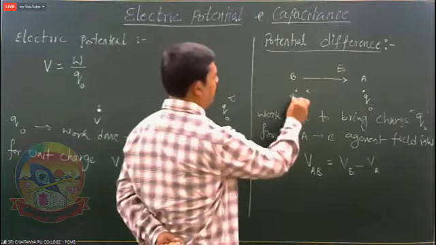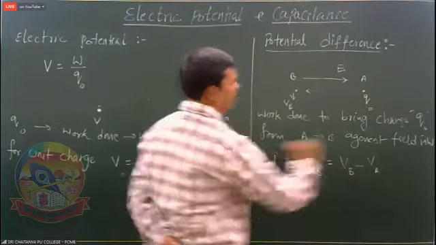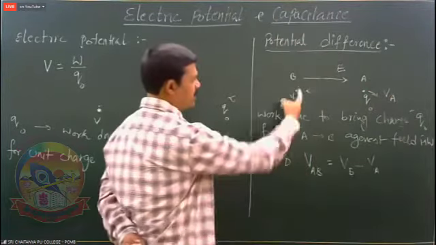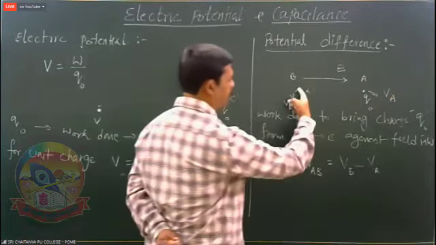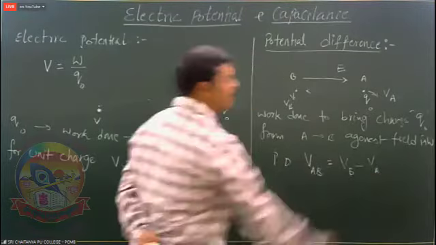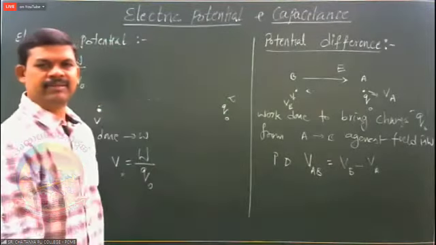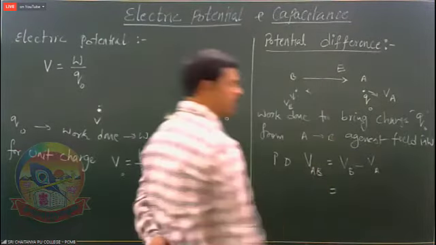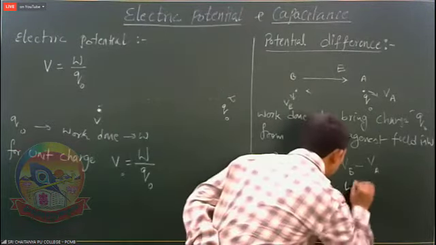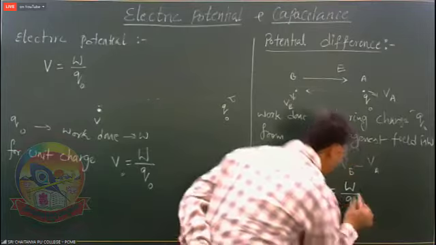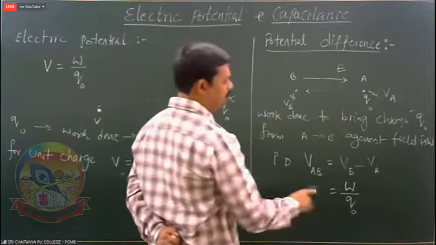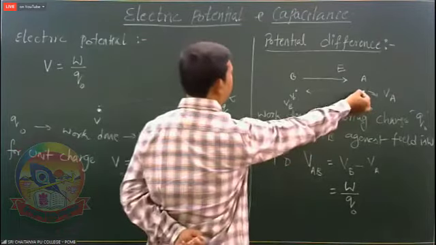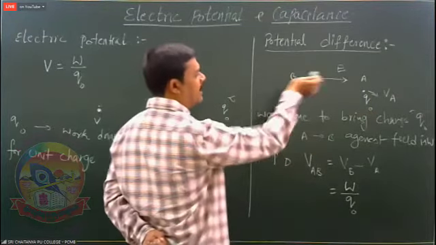Potential at the point B is VB. Potential at the point A is VA. Then the potential difference between the points A and B is VB minus VA. According to the definition, it is equal to the work done to bring a unit positive charge from the point A to B against the field.